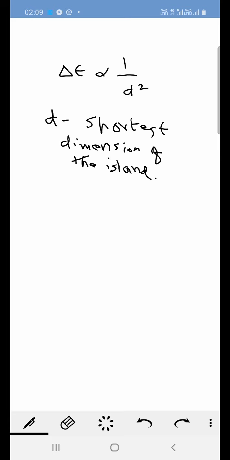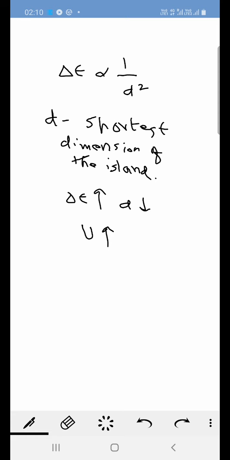Now, shorter dimensions and smaller islands also increase U. So it's not only delta epsilon that increases, the charging energy U will also increase. But it is a little different, because U grows large as the mean distance between pairs of mobile electrons on the island grows small.